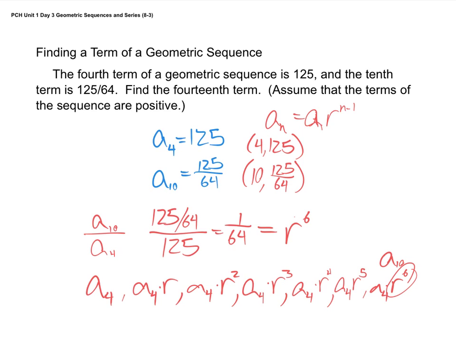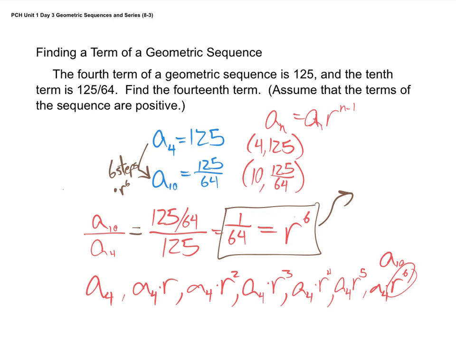And then once you plug it into the A4 and you figure out what your A1 is. We actually don't necessarily have to. Watch this. 6 steps. Just to back up for a second, 6 steps means we multiplied by r to the 6th to get from a sub 4 to a sub 10. So when we divide, we know that this is r to the 6th.